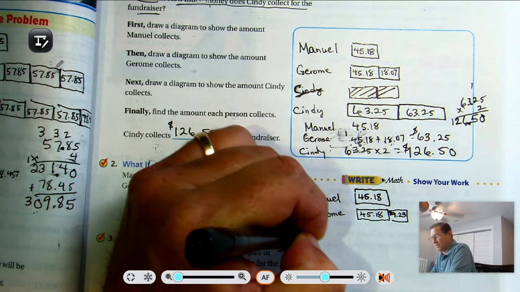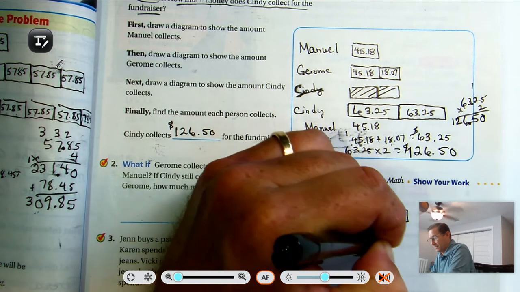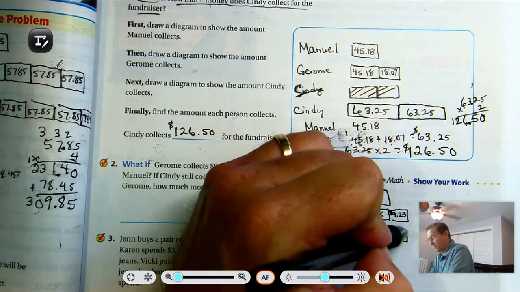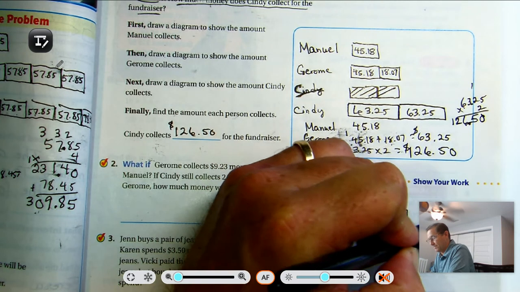But Cindy still collected twice as much as him. So she collected the same amount as Jerome, doubled.